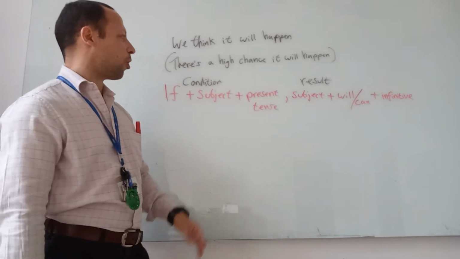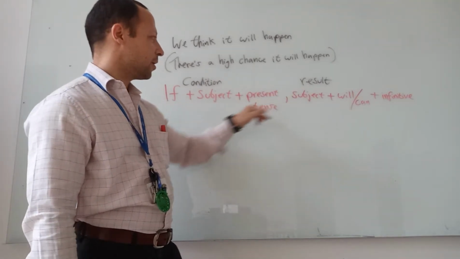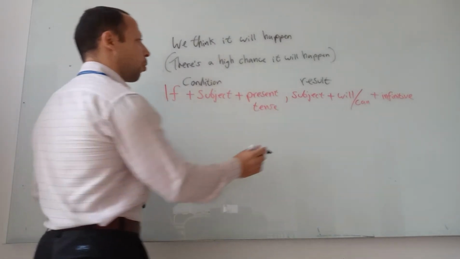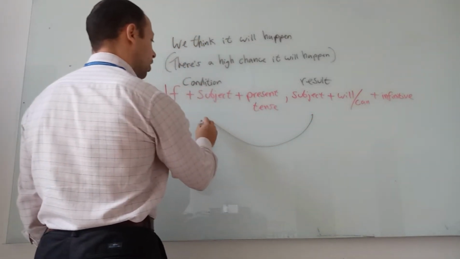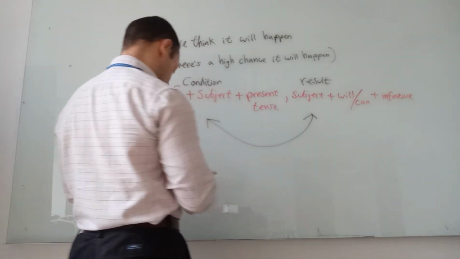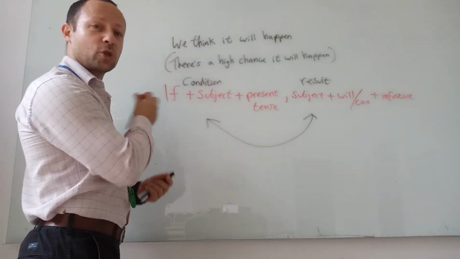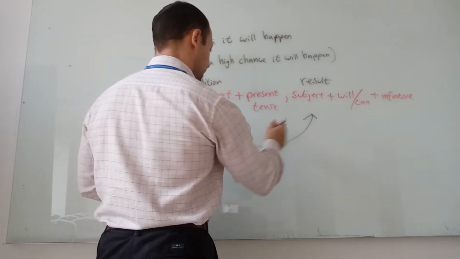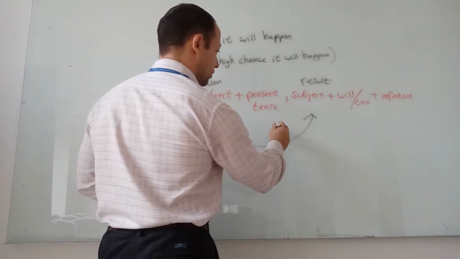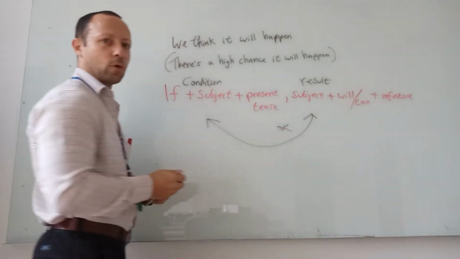Now, where we have the two halves, we have a comma here, half one, half two, we can swap the halves around. If we swap the halves around, then we lose the comma. So the comma here will now be null and void. We don't need it anymore.